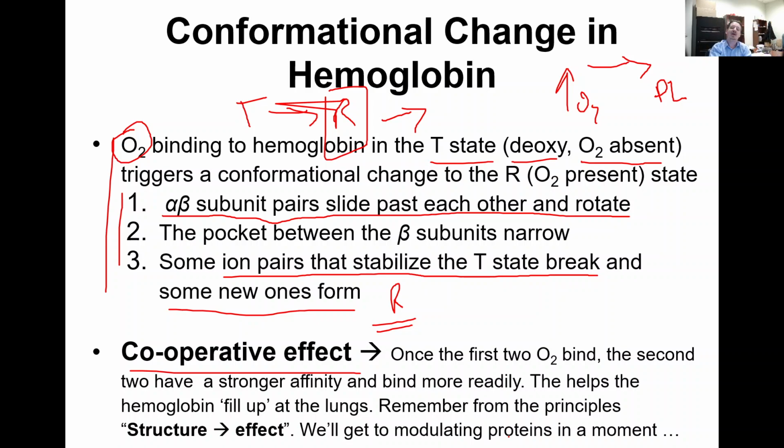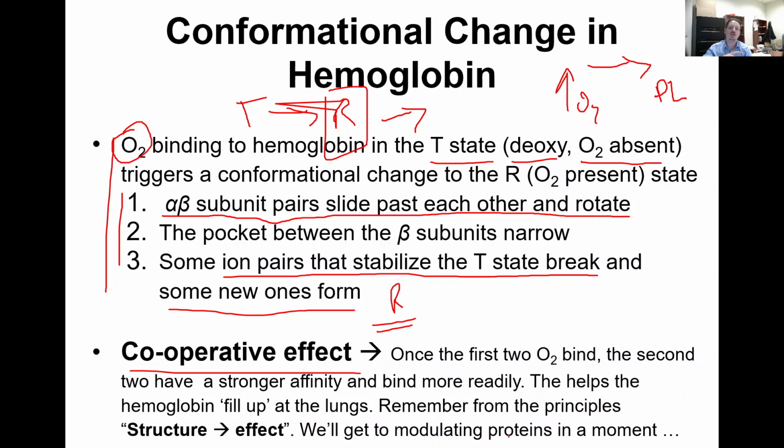In the same way, the hemoglobin is in the T state and doesn't want to bind oxygen, but the concentration is so high that Le Chatelier's principle pushes it to the right and forces it to take on that oxygen. Once that oxygen has bound, simply having an oxygen bound and moving around, pushing around, is going to change the shape of the protein.